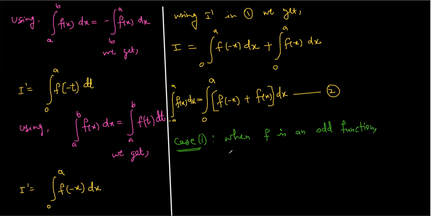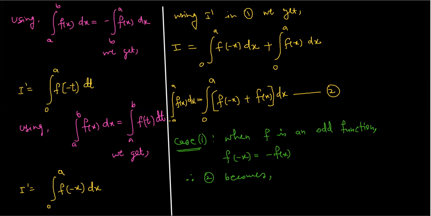See, when f is an odd function, f of minus x is negative of f of x. I write, therefore, 2 becomes, see students, f of minus x is minus f of x. So here you will write minus f of x. So what it will become?